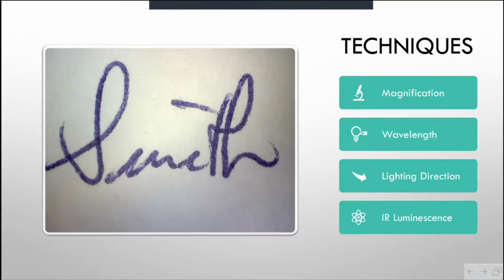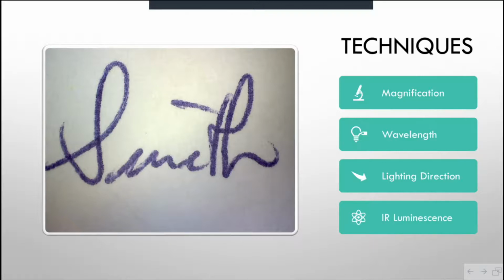So using variable magnification to look both at the larger structures and to zoom in and look at the detailed sections of the ink. A variable wavelength, since we can build different light sources into the MiScope itself, we can actually image these inks in different wavelengths.